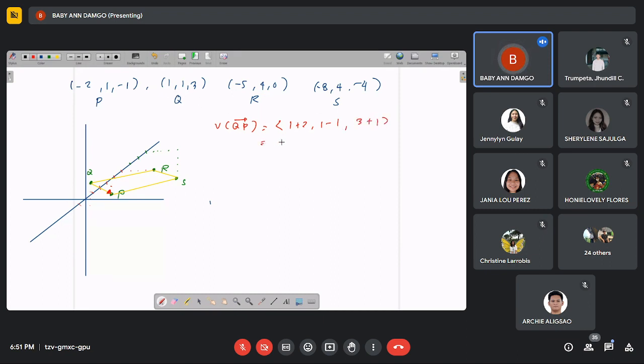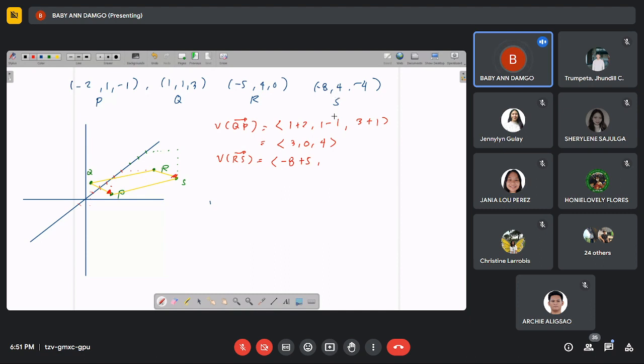So this is 3, 0, 4. Okay, next we have the vector RS. So this is S minus R. S is negative 8, then R, so we have plus 5.